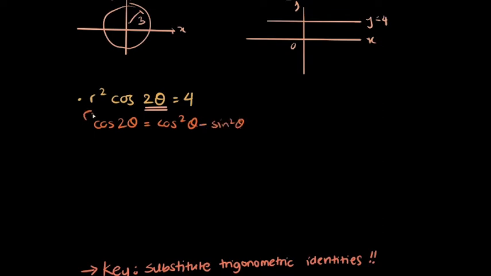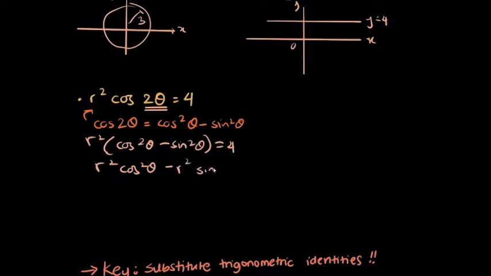Now, we're going to input that in the equation. What we'll have is r squared (cos squared theta minus sin squared theta), right? That would be 4. So r squared cos squared theta minus r squared sin squared theta equals 4.